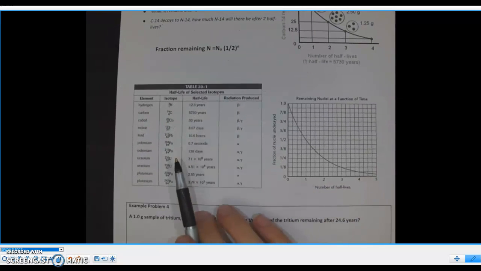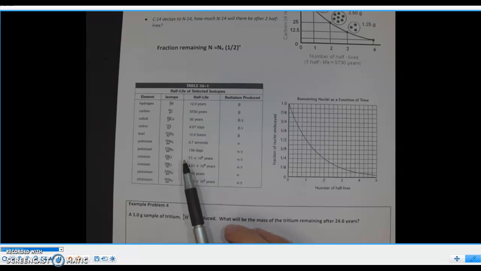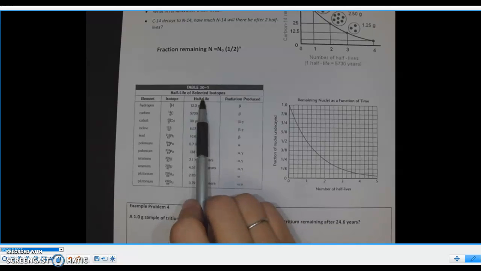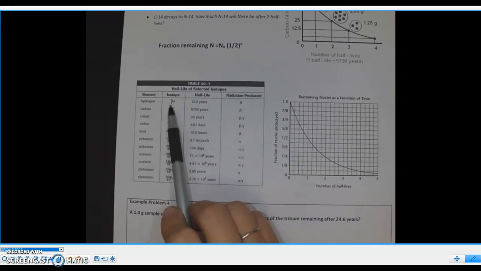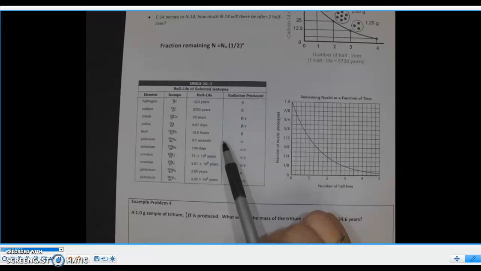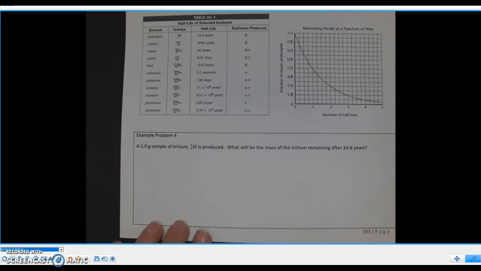Now you're going to need this table while you're taking your test, so be mindful of that. We have the amount of half-life, the type of radiation, and what isotopes we're talking about. And we can use this table to answer questions. Okay, so like this first example problem, we have sample problem number 4. A 1 gram sample of tritium, which is our radioactive isotope of hydrogen, is produced.